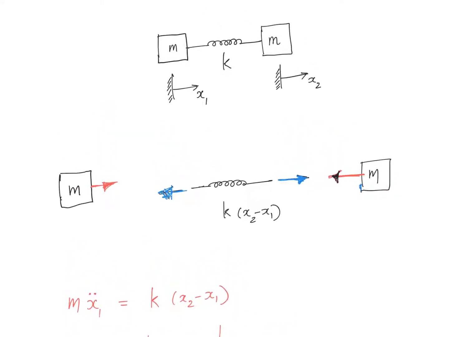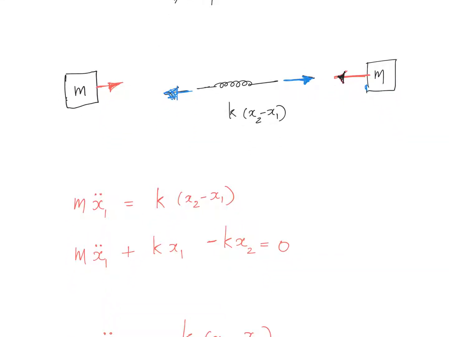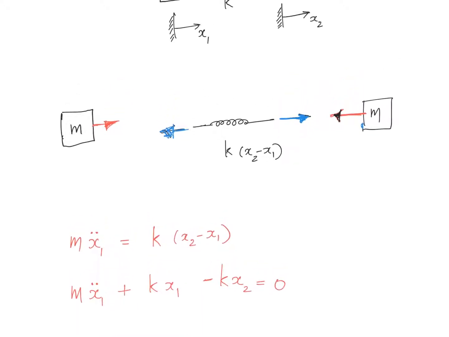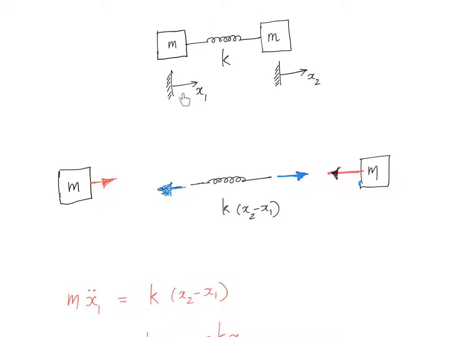Now I have to write the governing equations of motion. So for this mass, mass times acceleration is equal to the net force acting along this direction. See, I took x1 to be positive in this direction, x2 to be positive in this direction.